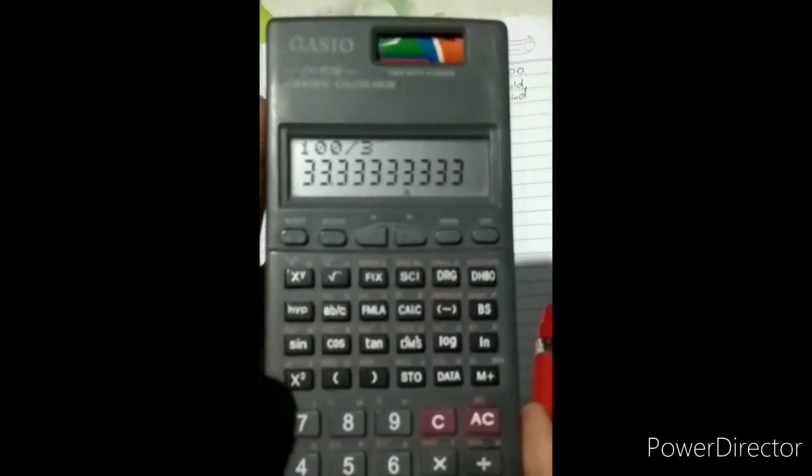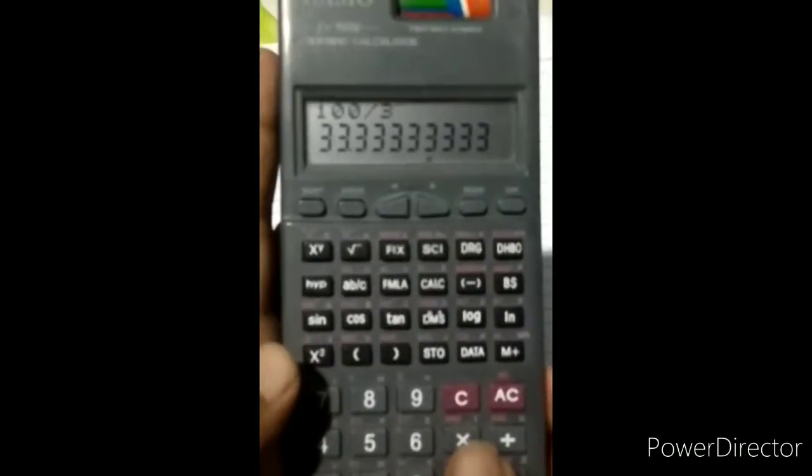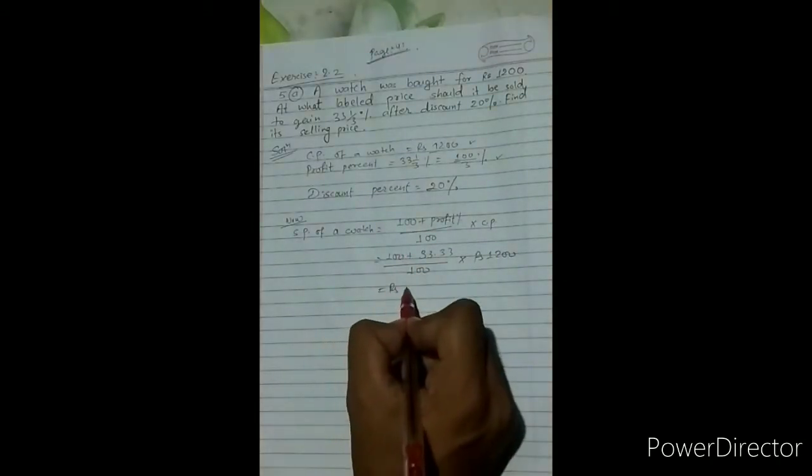I suggest you do it directly in the calculator. Don't write only 33.33 in the calculator; use the total, plus 100, divide by 100, multiply by 1200, and we get exactly 1600. So rupees 1600 is the selling price.